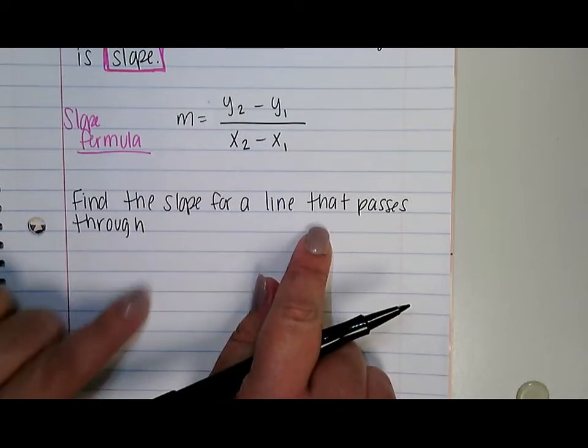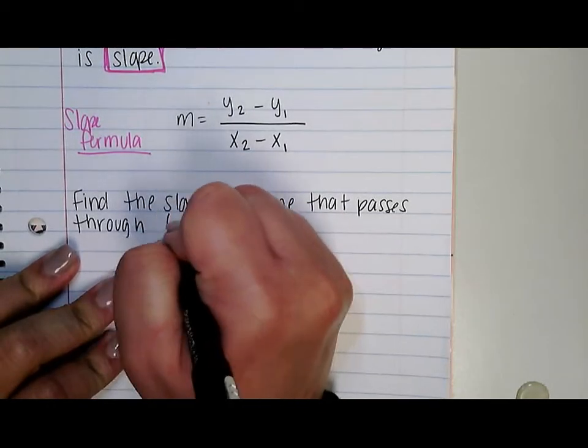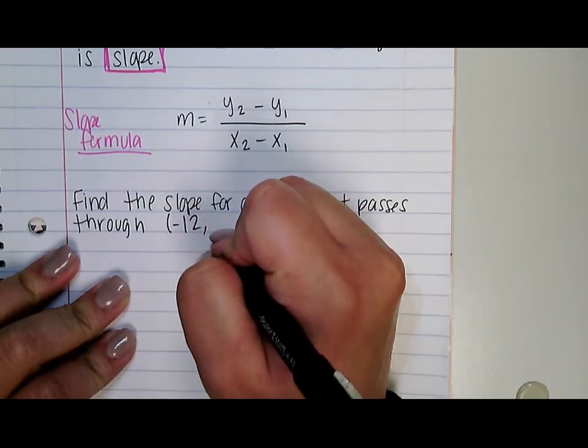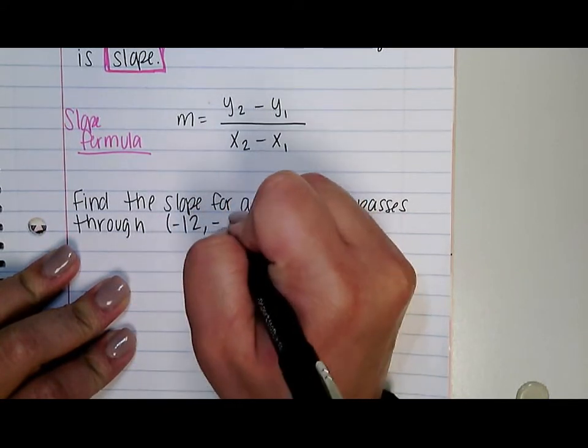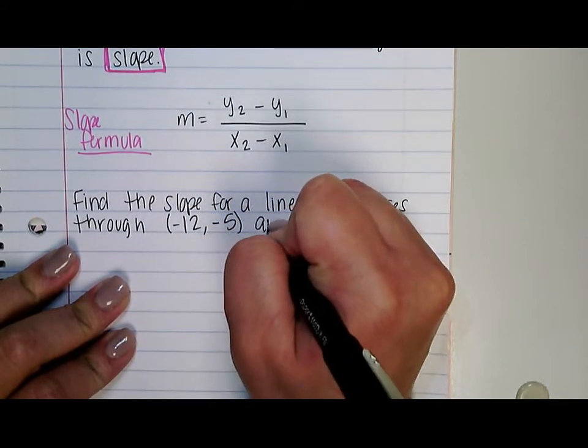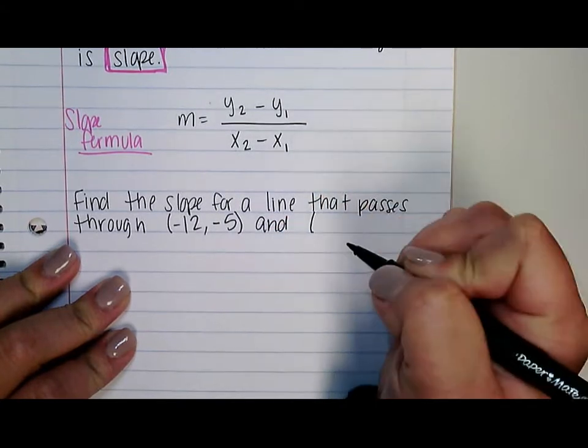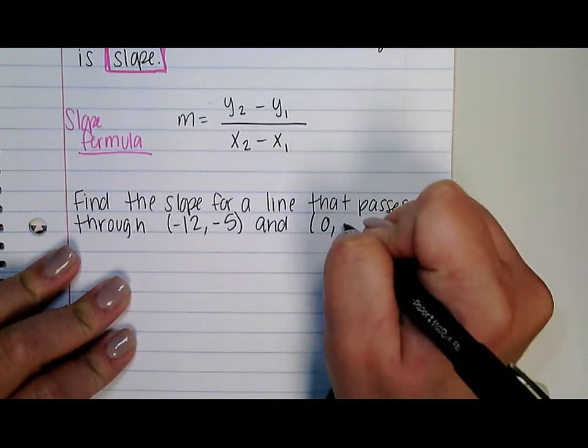First example we're going to do has -12, -5, and 0 and -8.